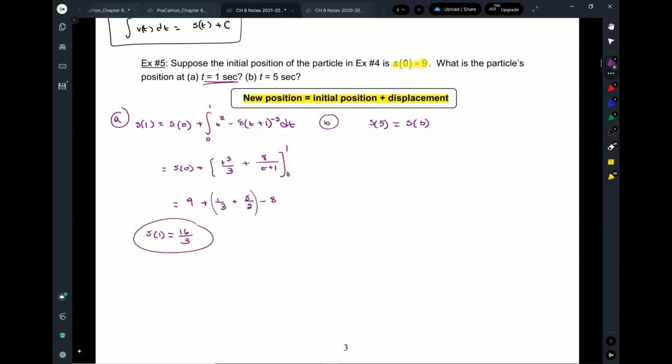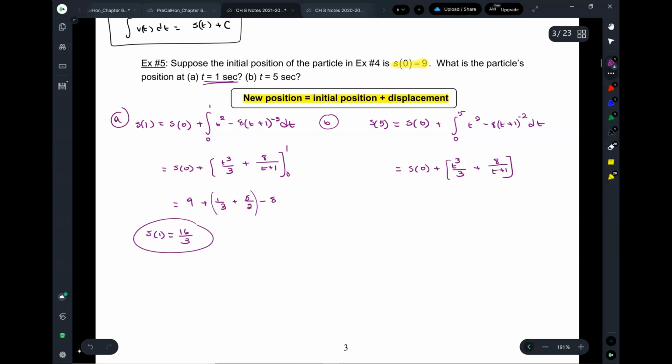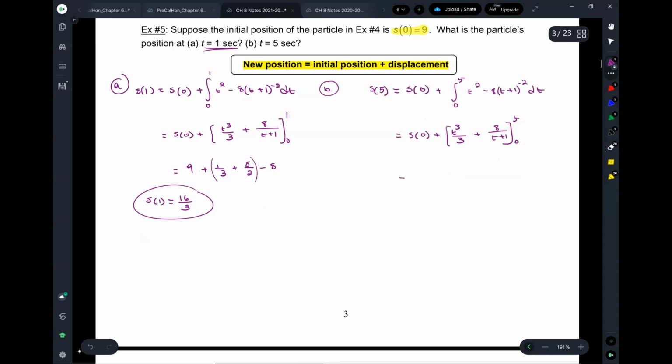So now, s of 5 is s of 0 plus the same thing, 0 to 5, of t squared minus 8 times (t plus 1) to the negative 2 dt. You have to write that step again. So this is s of 0 plus t cubed over 3 plus 8 over t plus 1. This time we're going from 0 to 5.